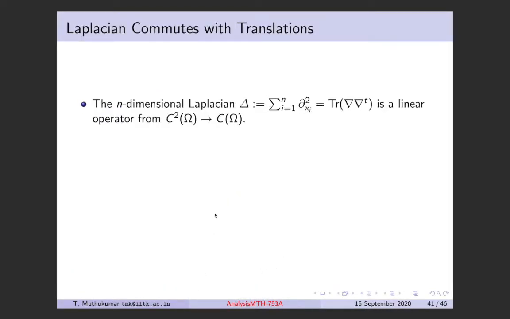So the first thing about the Laplace operator is that it commutes with the translation operator. That is, it is invariant under translation. So the n-dimensional Laplacian operator is the sum of all the second order partial derivatives with respect to each direction.